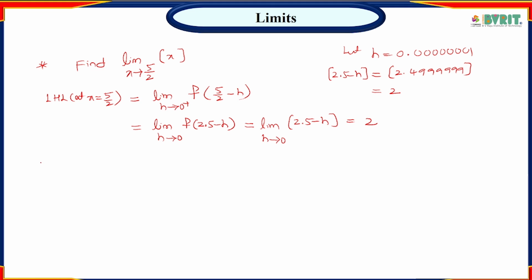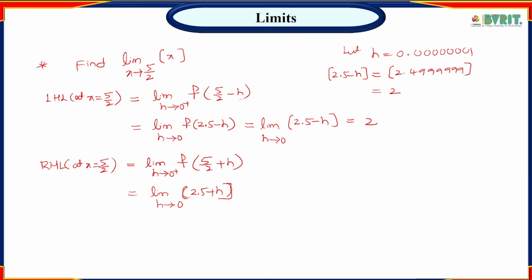Then similarly, the right hand limit at x is equal to 5 by 2, where 5 by 2 is 2.5. The limit h tends to 0 plus f of a plus h, where a is 5 by 2, is the limit h tends to 0 of 2.5 plus h.